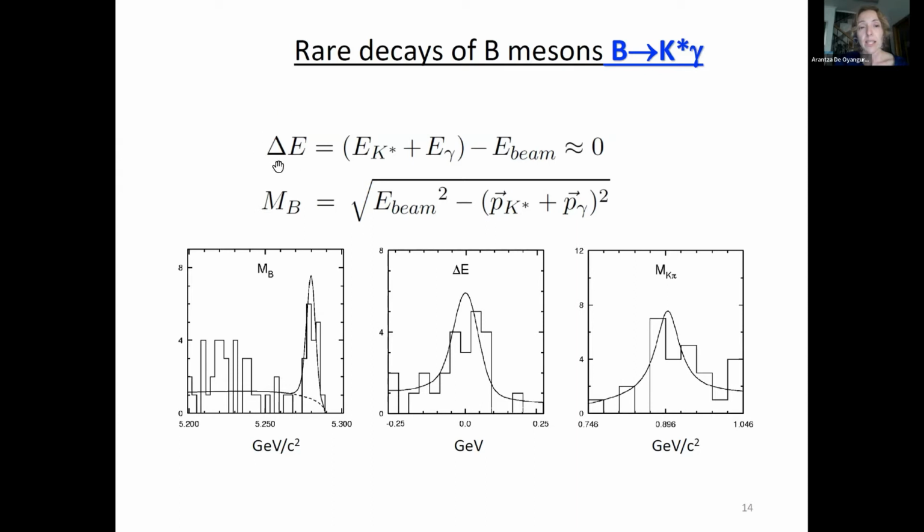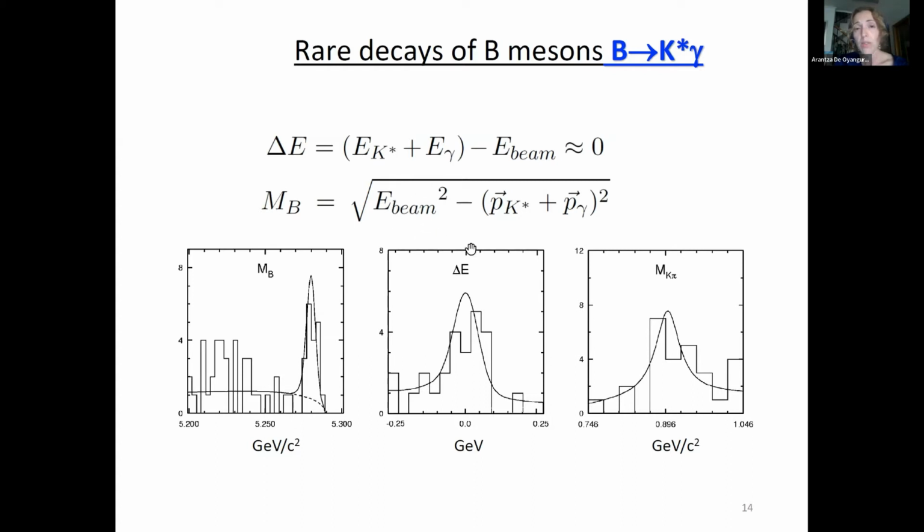It is this delta E variable, which is related to the beam energy. It has to be about 0. Okay, so then you have it here, and the mass constraint variable, which is also related to the beam.